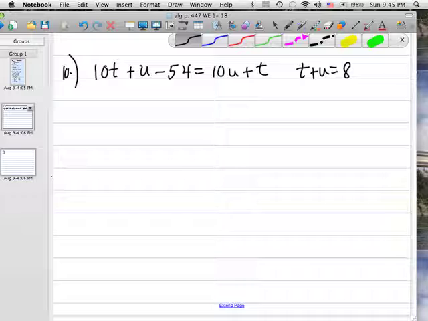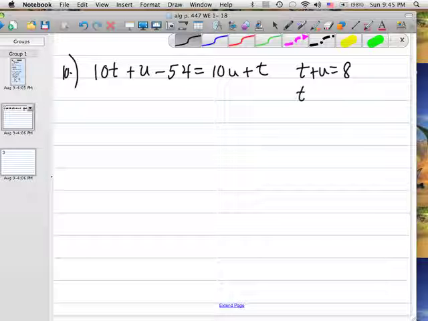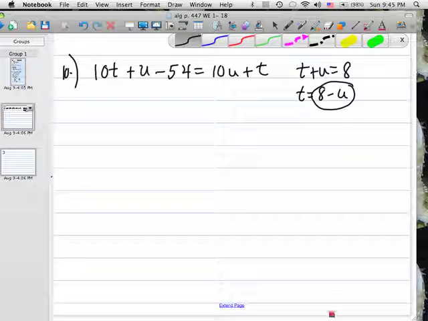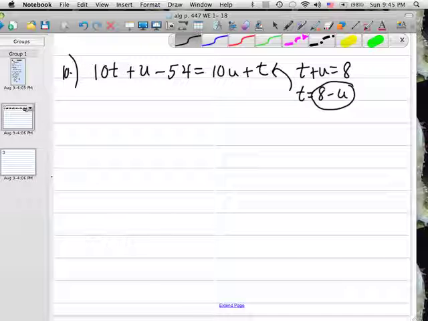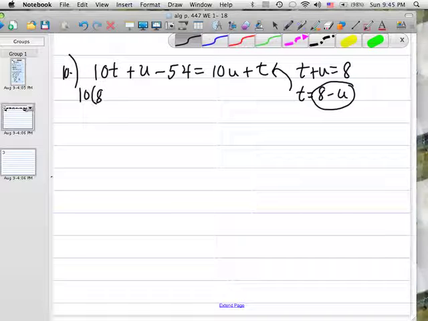And I'm going to use substitution again. I'm going to solve for t. So t equals 8 minus u. And I'm going to plug this in over here. So wherever I see a t, I'm going to put an 8 minus u.